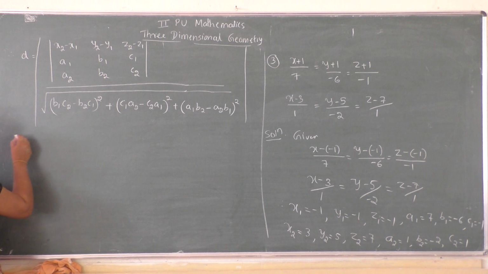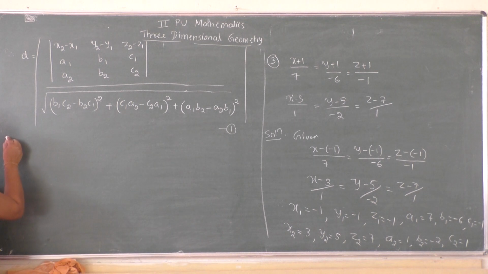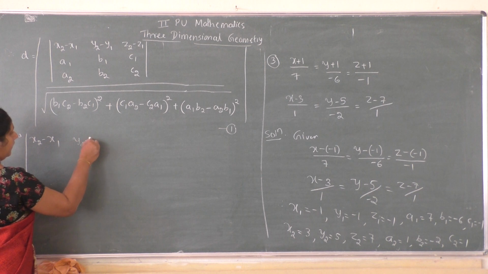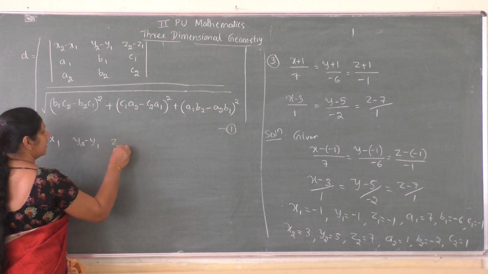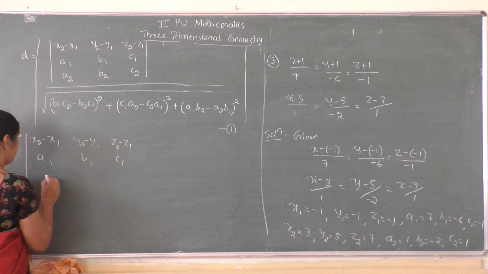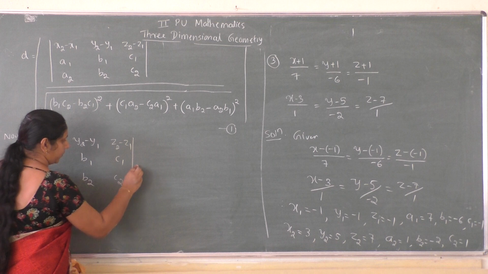So I will take this as equation 1. First we will find the determinant of x2 minus x1, y2 minus y1, z2 minus z1, a1 b1 c1, a2 b2 c2.